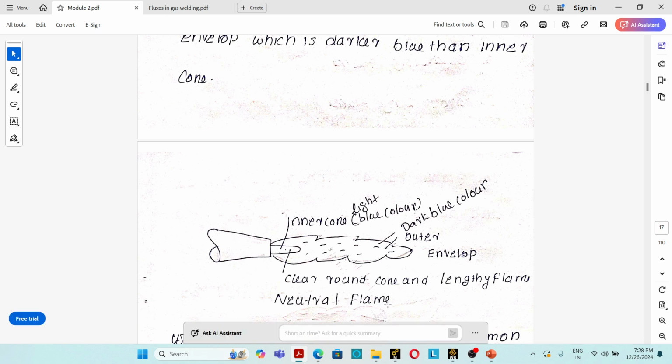That is a characteristic of the neutral flame. A neutral flame consists of an inner cone, a clear round cone and a lengthy flame, light blue in color, surrounded by an outer flame which is darker blue than the cone.